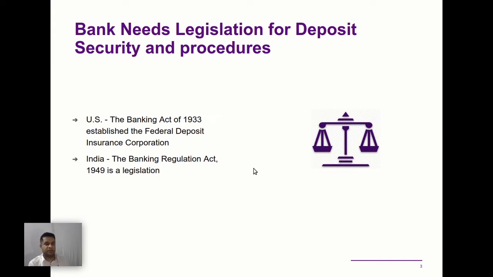For example, America has the Banking Act of 1993, which was created by the Federal Deposit Insurance Corporation, or FDIC. This act is still followed by banks in the US. India has the Banking Regulation Act of 1949, which is very similar, as it controls all the banks.